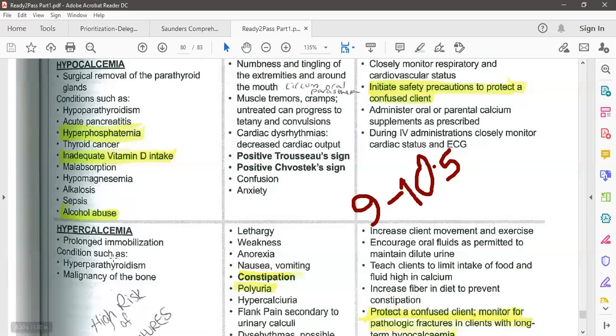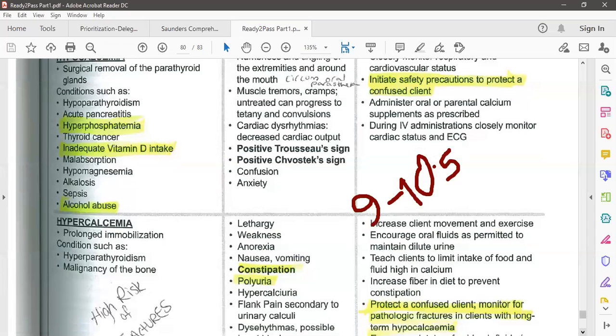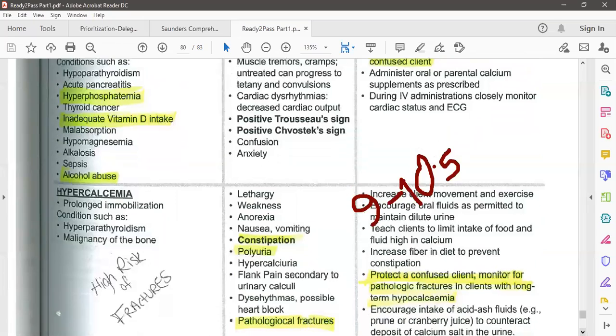Malignancy of the bones, meaning bone cancer, can also develop hypercalcemia. If anybody has hypercalcemia, they have a risk of fracture, of breaking bones easily.